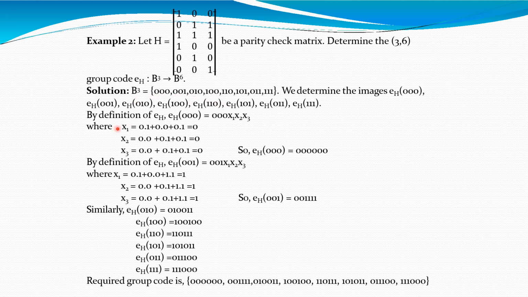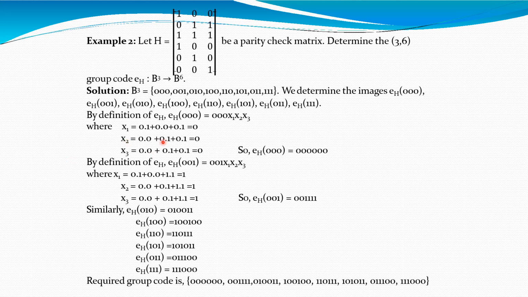So EH of 0, 0, 0 is equal to 0, 0, 0, x1, x2, x3. Again, x1 will be this row 0, 0, 0 multiplied by the first column 1, 0, 1. So it is 0 into 1 plus 0 into 0 plus 0 into 1, which is 0. Same way, x2 is this row 0, 0, 0 multiplied by the second column 0, 1, 1, so it is 0 into 0 plus 0 into 1 plus 0 into 1, which is 0.